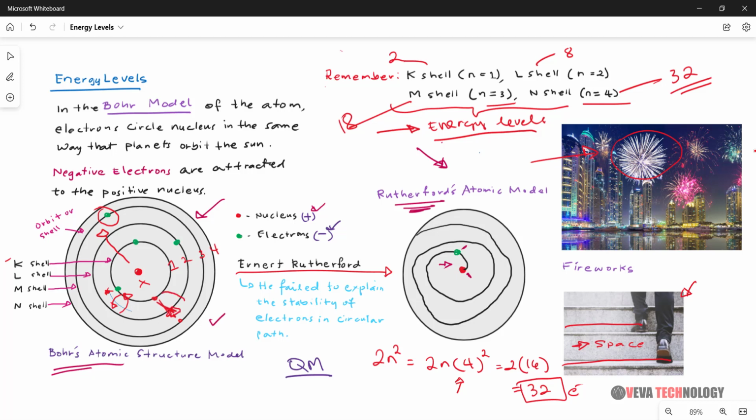And when they jump back to their original energy levels, they release the energy as light. That's the reason why when you see a fireworks display in the sky, you see different colors. Why? Because different atoms have different arrangements of electrons. They give off light of different colors.